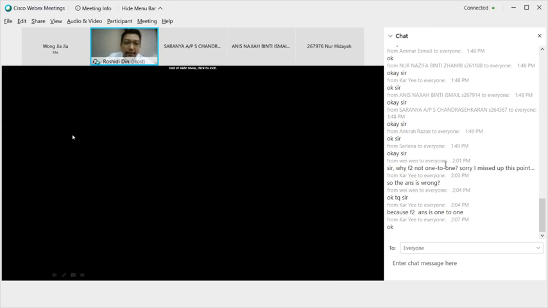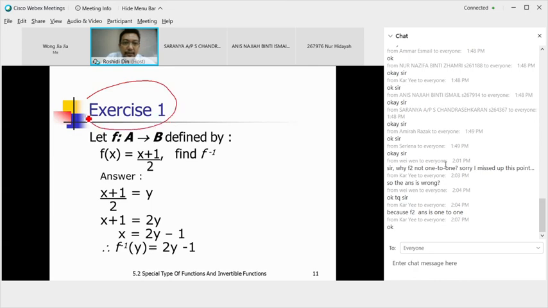Okay. This is an exercise for you. Try to do this exercise by yourself. The answer is already given to you: X plus 1 divided by 2. Try to find the inverse of this function.